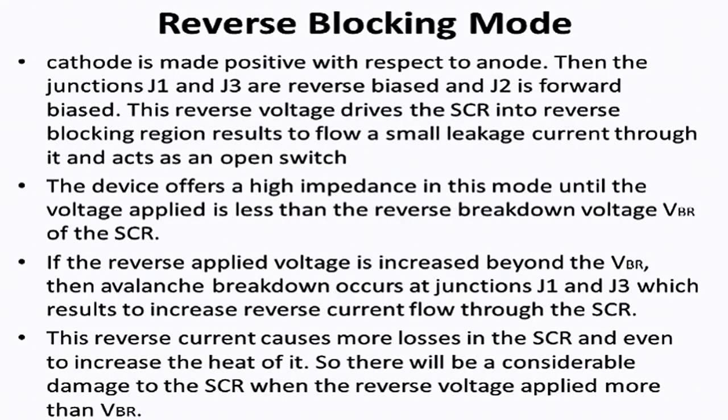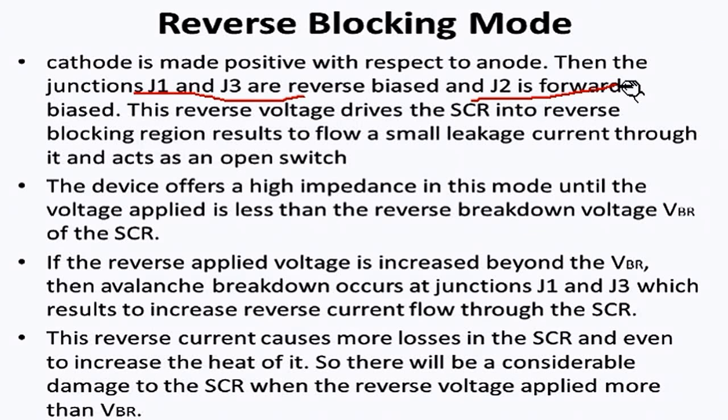Next one is reverse blocking mode. In this mode, cathode is positive whereas anode is negative. So here J1 and J3 are reverse biased and J2 junction is forward biased.